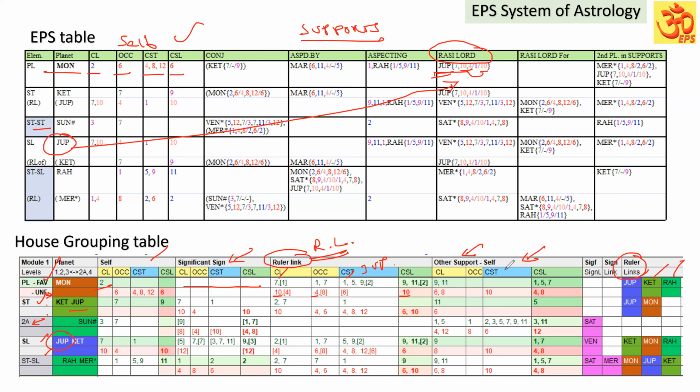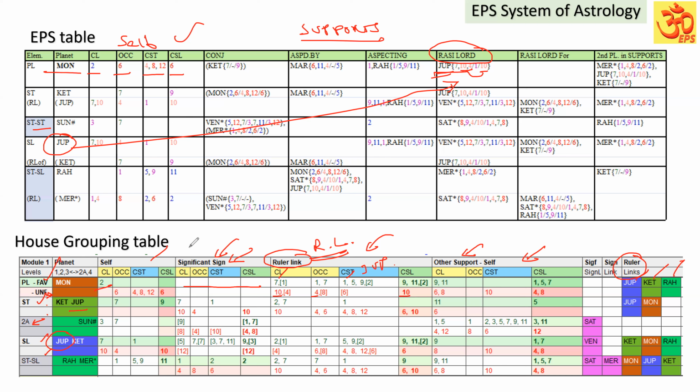What is the necessity for this? Here we will be seeing all the planets under different columns. According to their impact, a significant sign lord is better than the sign lord. The significant sign lord gets more strength, and the ruler link impact will be more. And the remaining other planets in supports come next.